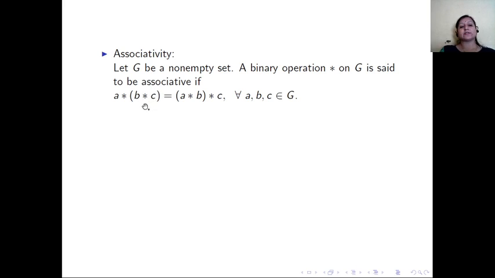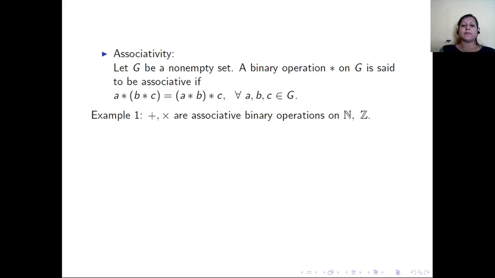You can evaluate the star operation with the last two elements and then with the remaining one, or evaluate with the first two elements and then with the remaining one, and the result is the same. It is called associativity of the operation star.